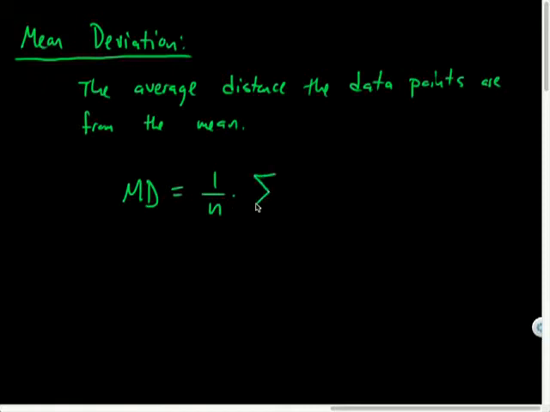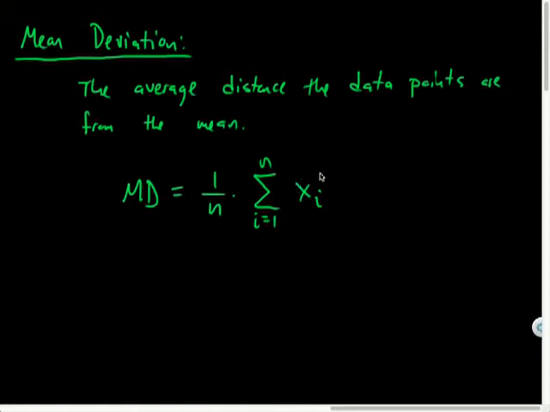And I'm going to have the sum, starting with i equals 1 to n, going through each of my data points. If I did x_i here, this would just be straight up the mean. But I'm not interested in the mean. I'm interested in the average distance my data was from the mean.